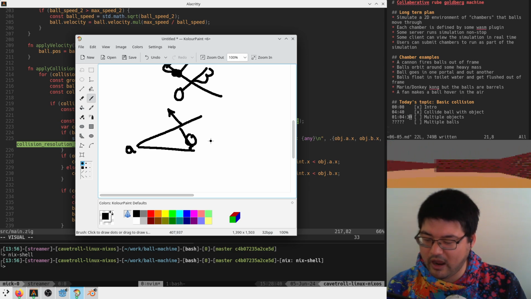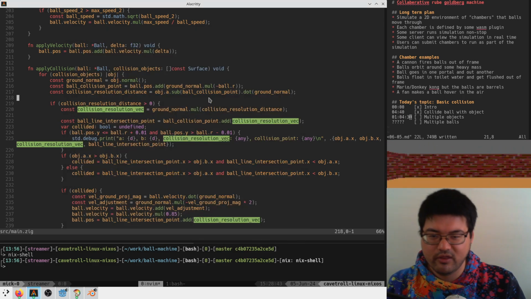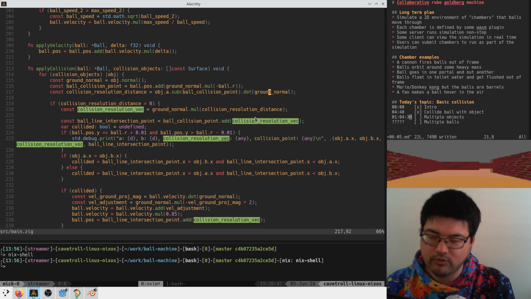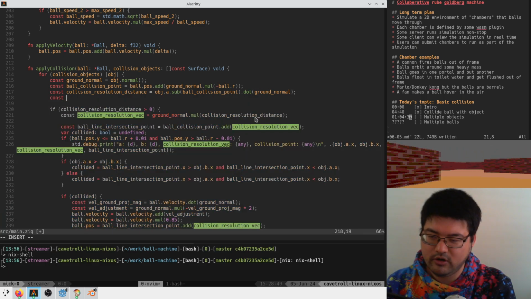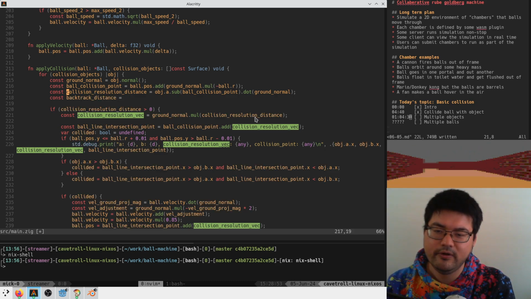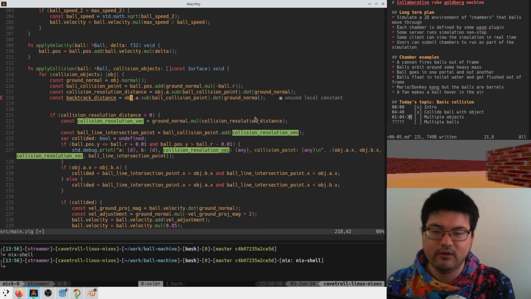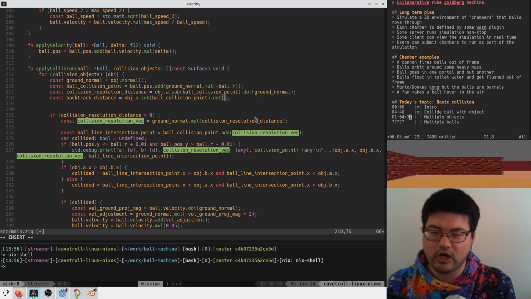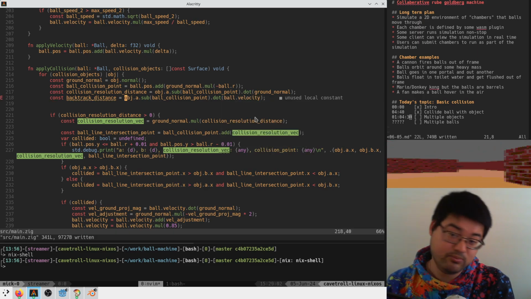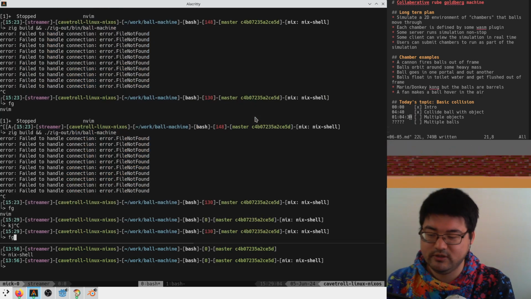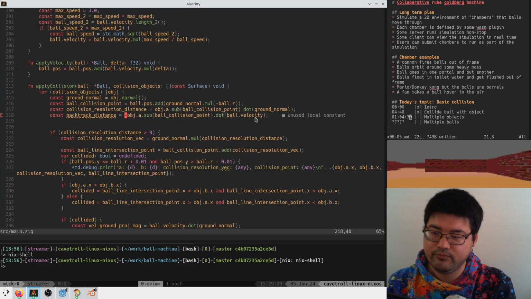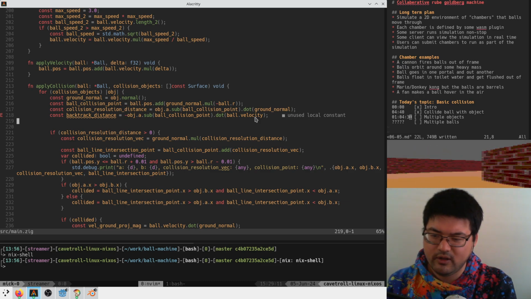Yes. Then we know how far backwards to go on the velocity path. So this, instead of dotting with the ground normal, we say const backtrack distance is this same thing, but dot ball velocity. And this is probably negative. Oopsies. Yeah, okay, we can try that.